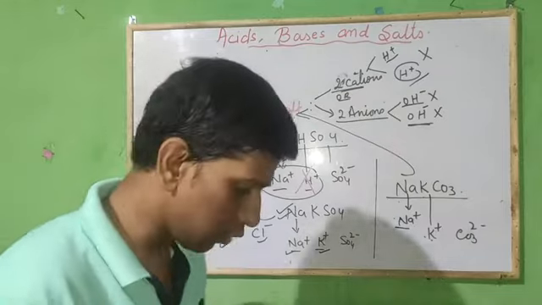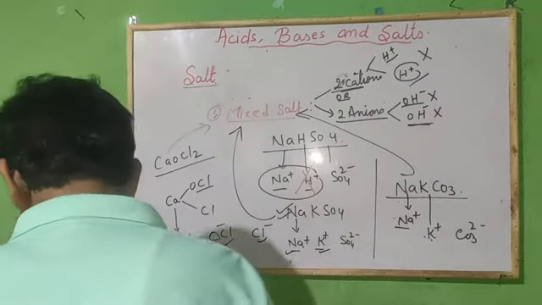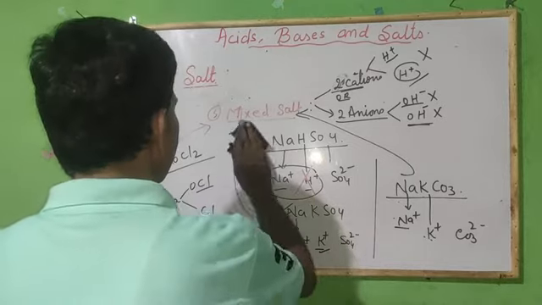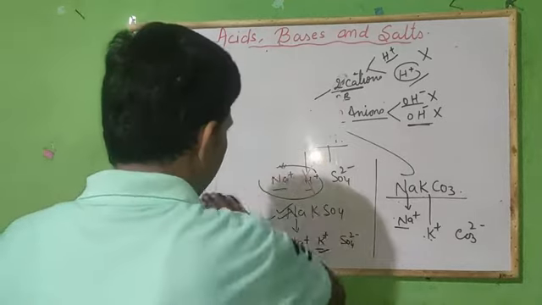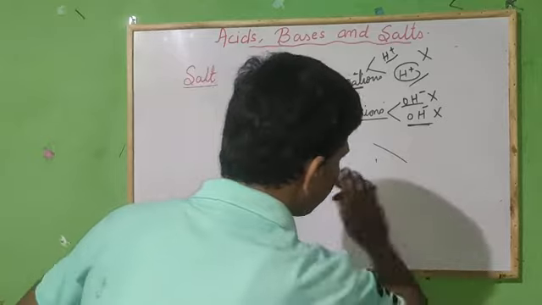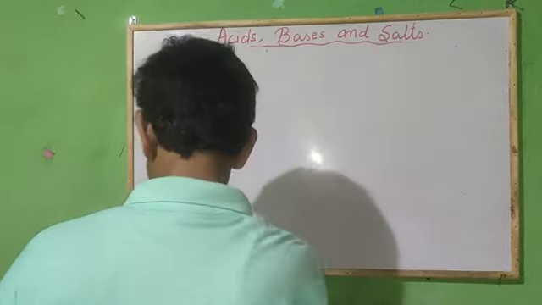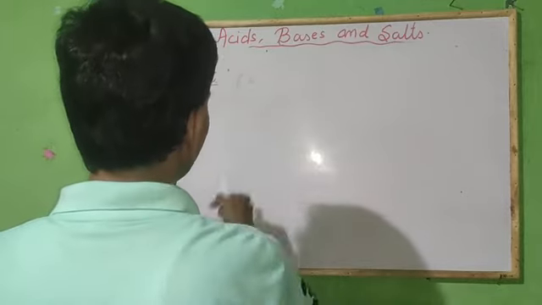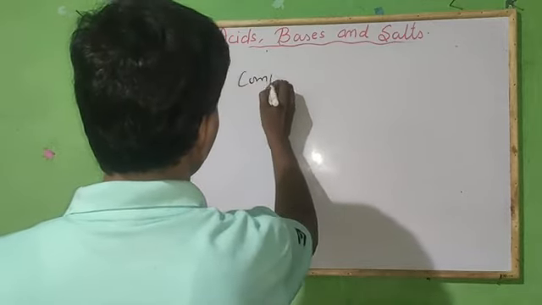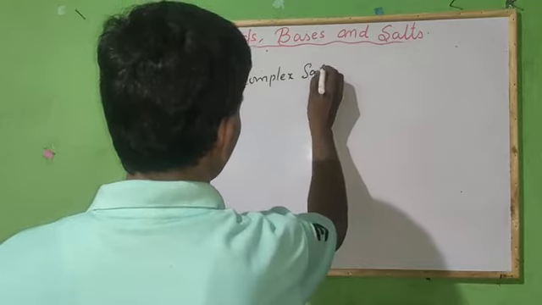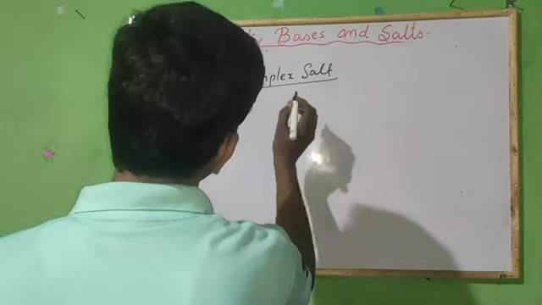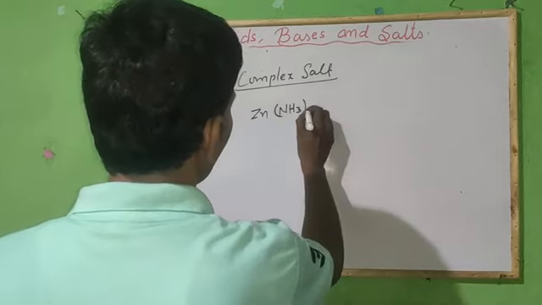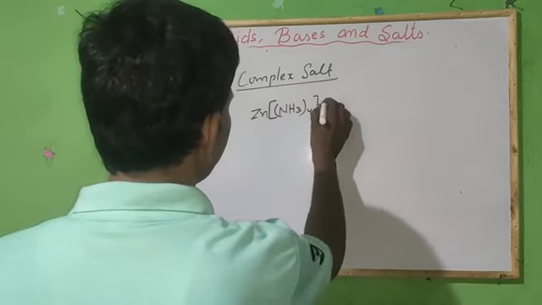Clear, children? Now the next type of salt that we have to study is complex salt. I am giving one example. Suppose you take Zn(NH3)4Cl2.